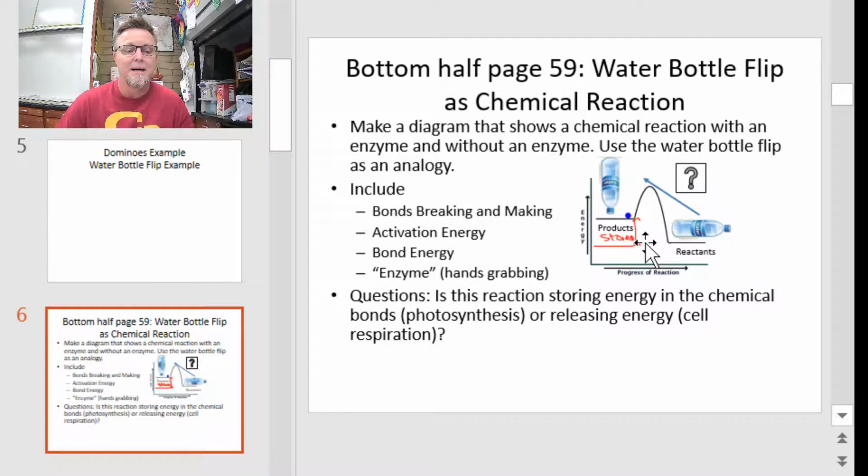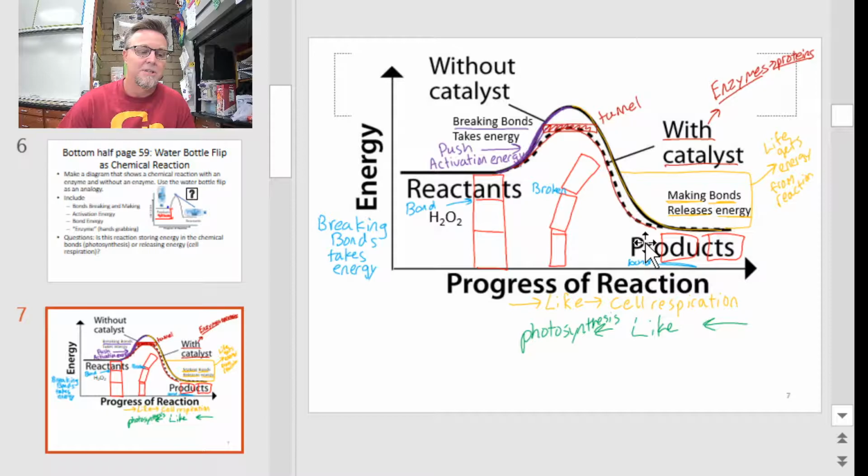Okay? The big question is: is the reaction storing up energy in the chemical bonds, like photosynthesis, or is it releasing energy, like in cellular respiration? Okay? So just to remind you again of what's happening, if we think about our bottle flip, if we start off with the bottle upright, it's stable, right?